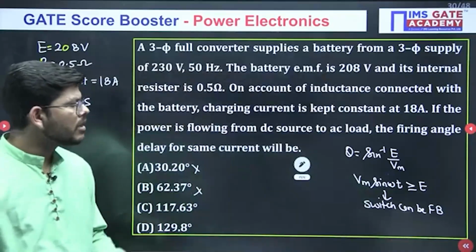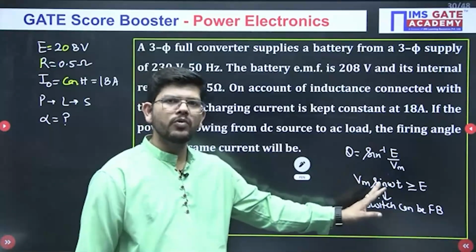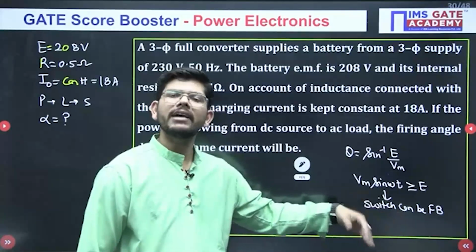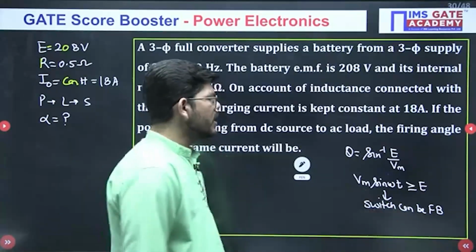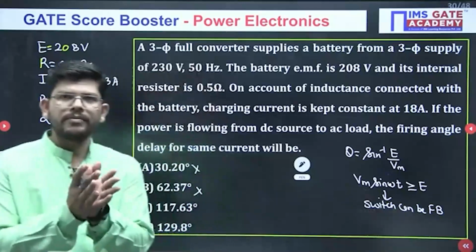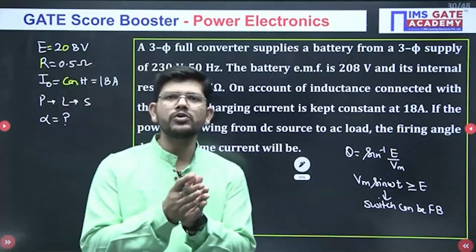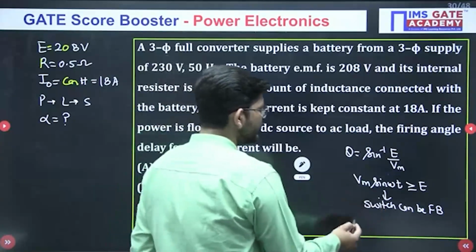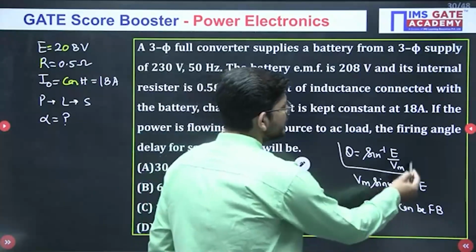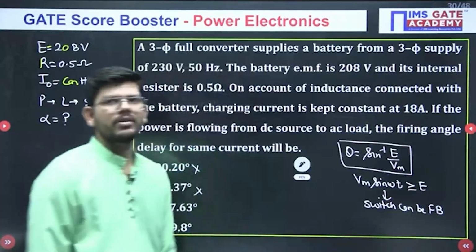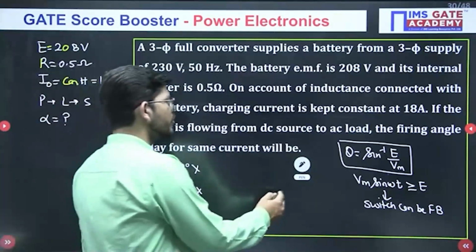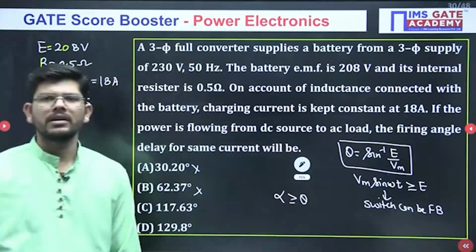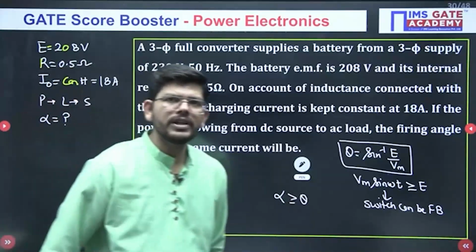When your Vm sin omega t is at least equal to or greater than E, only then can you fire your switch because they are forward biased after that. So what is that particular moment where your firing angle should be, where your voltages are getting equal? If you call this omega t theta, theta will be sine inverse E over Vm. So your firing angle should be at least greater than or equal to this theta. Is that clear, Aryan? Are you talking about this?